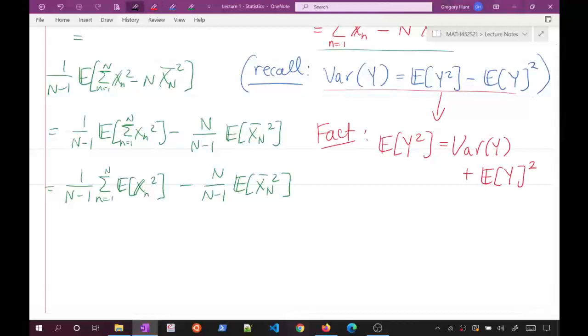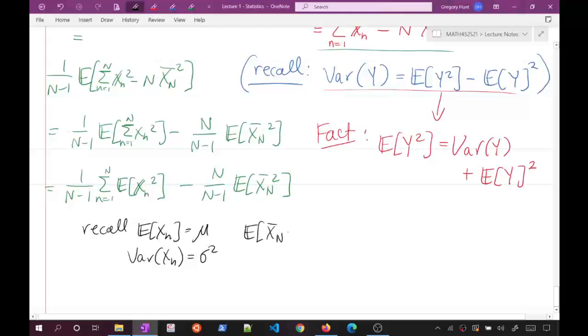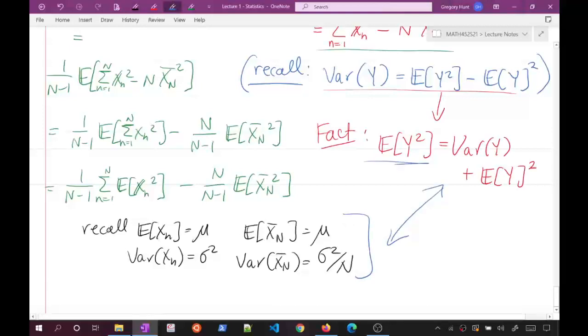And if I recall that the expected value of my xn's is mu, and the variance of my xn's is sigma squared, and the first two facts we showed are that the expected value of xn bar is also mu, and the variance of xn bar is sigma squared over n, I can use these facts and figure out what all these expectations are.